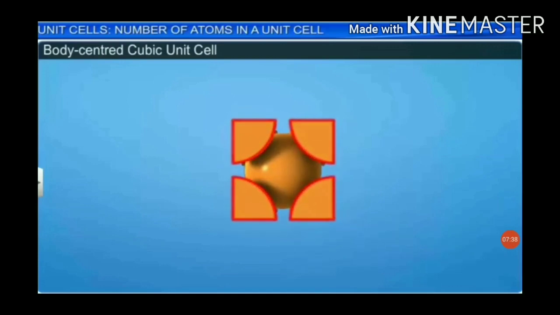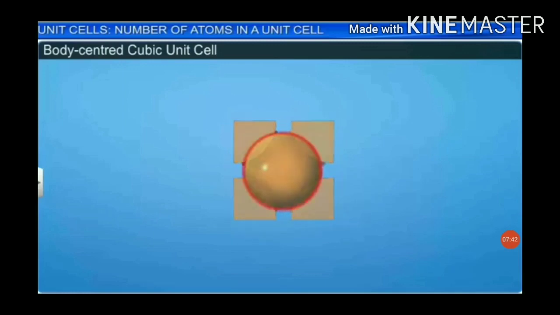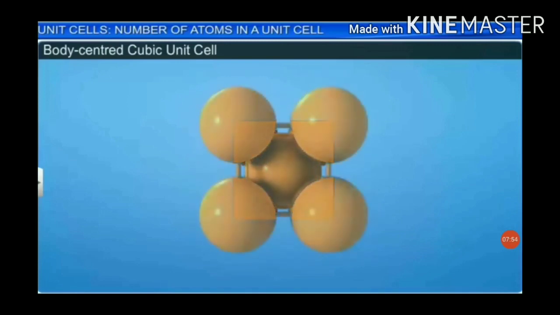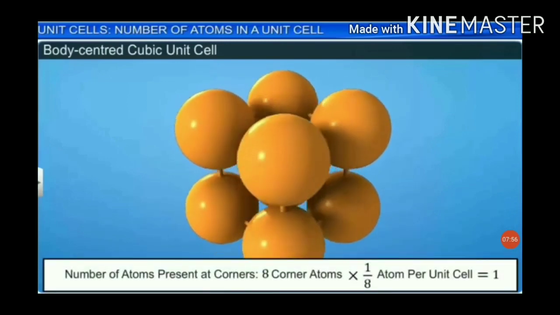which is not shared by the neighboring unit cell. Then the contribution of particles present at the corners is equal to 1 by 8 into 8, which is equal to 1 particle, and the particle present at its body center is equal to 1.